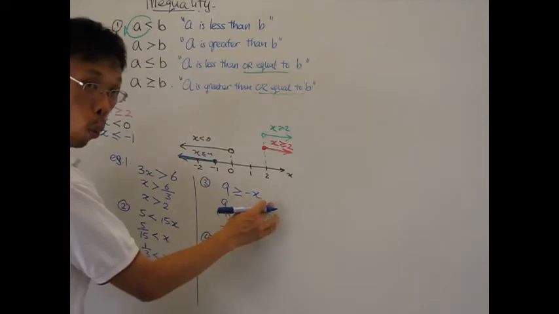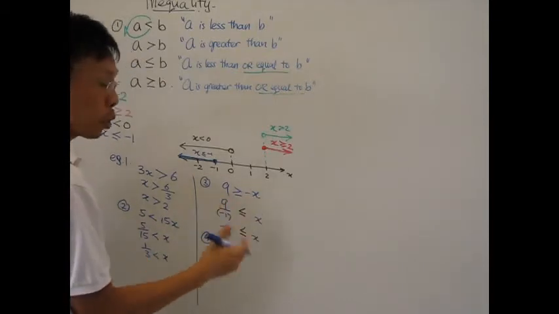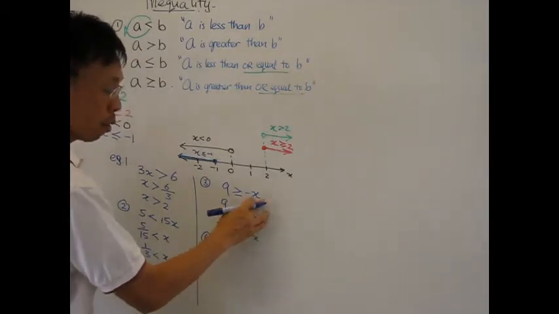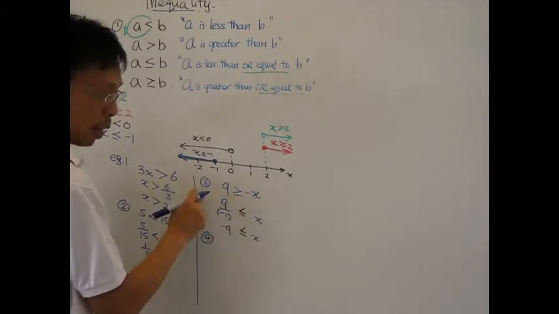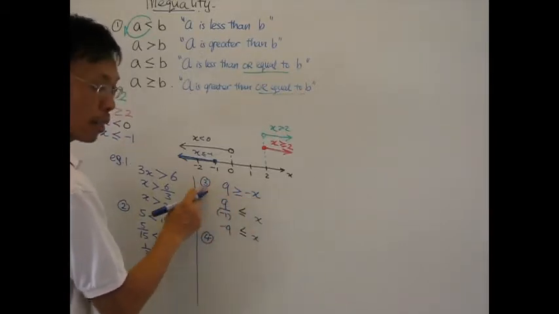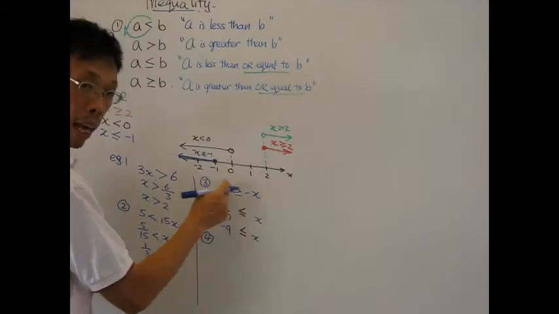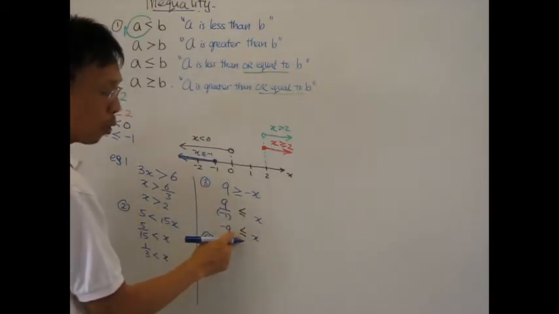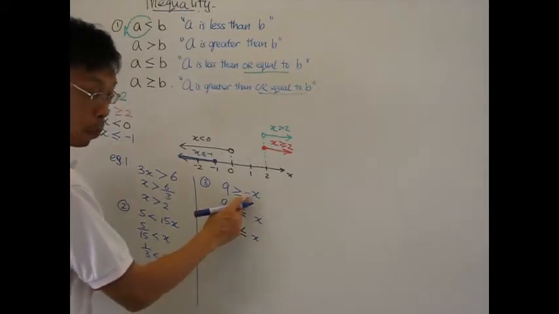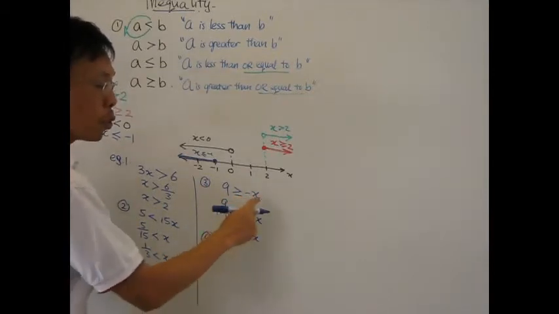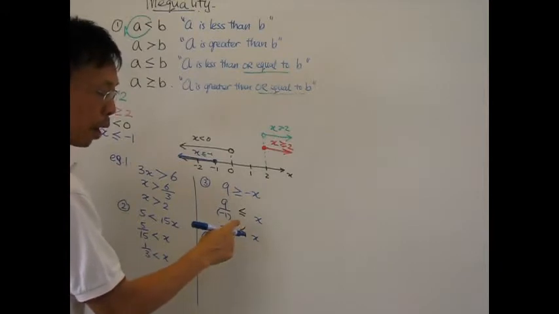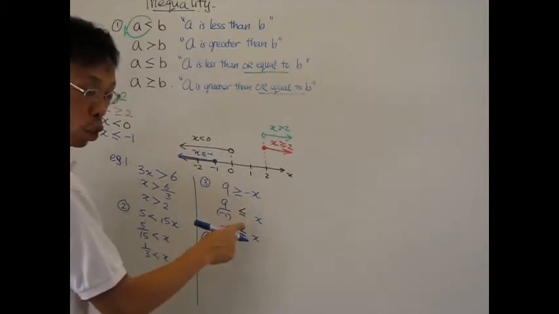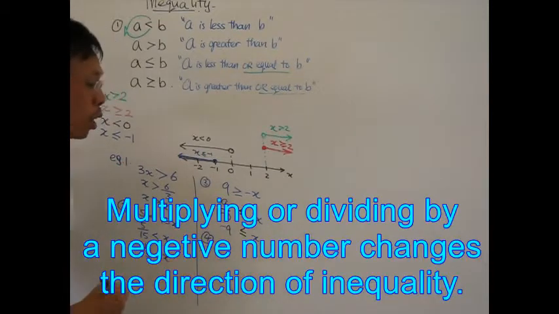Just now we put in 1, 2, 10, and all those numbers are okay because -1 is less than 9, -2 is less than 9, -10 is less than 9. So any number that is greater than or equal to -9 is acceptable here. That's the solution. So when you are dividing or multiplying by a negative number, the sign changes.